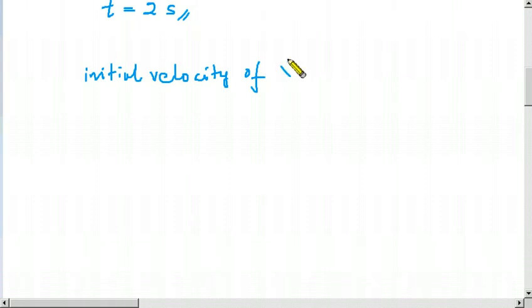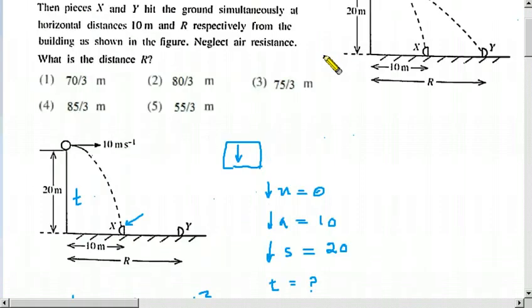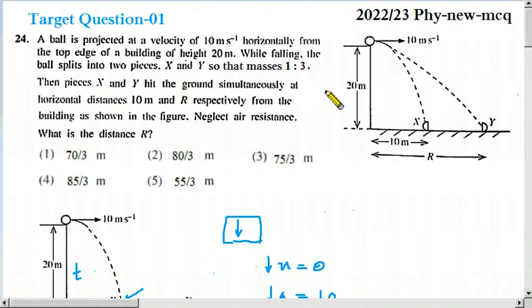Half piece, not half. Mass is given as 1:3 ratio.